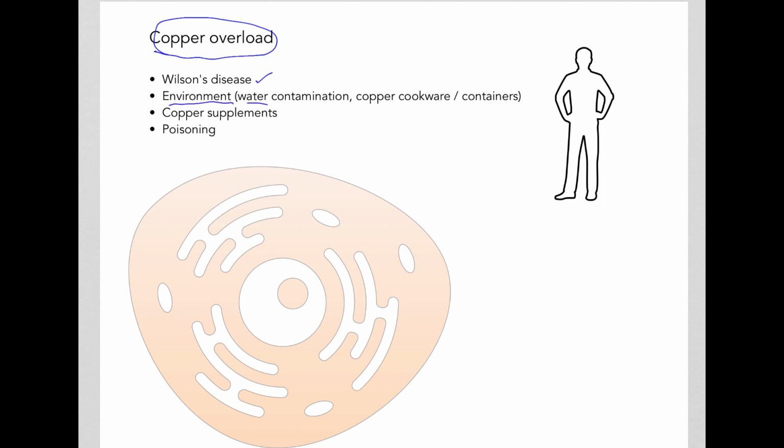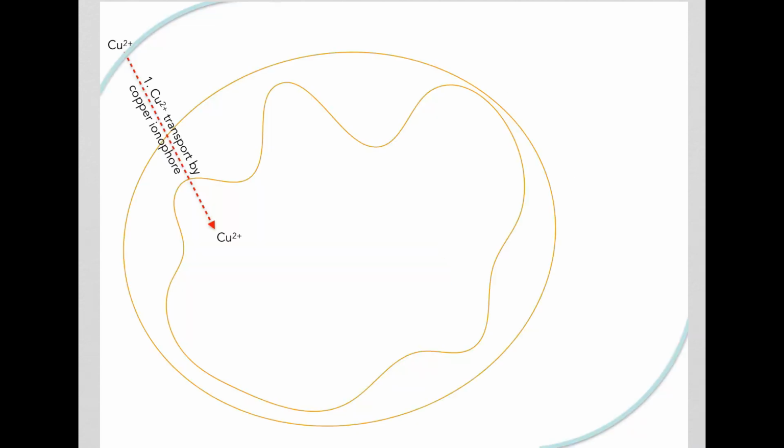For example, the water that we drink could be contaminated with copper, using copper cookware or copper glasses to drink water, excess copper supplements, and of course copper poisoning, since copper is used a lot for making all kinds of copper pipes and so on. So one way by which copper can cause cuproptosis is shown here.